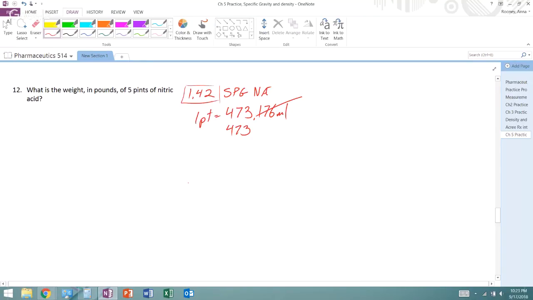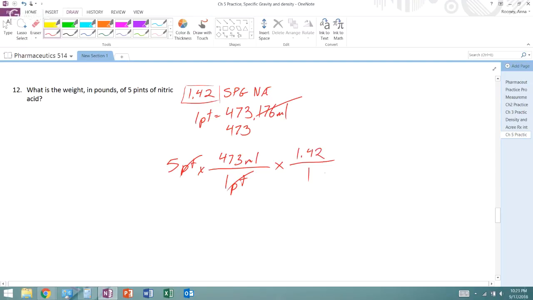So we have 5 pints, and we want to find the volume of this. So 5 pints, and it is 473 milliliters for every 1 pint. And these cancel out. And then we want to do the specific gravity, and that is 1.42 for every 1.